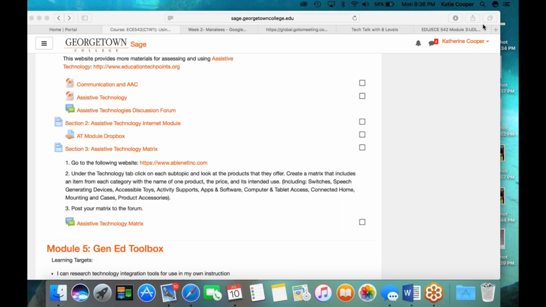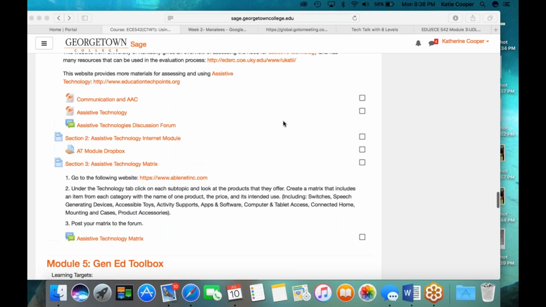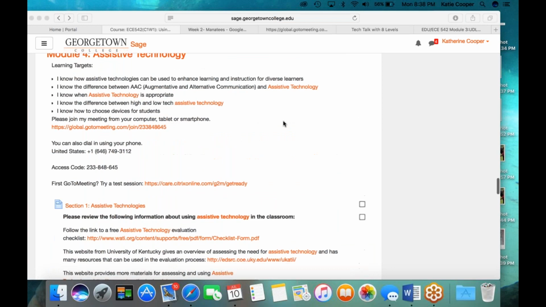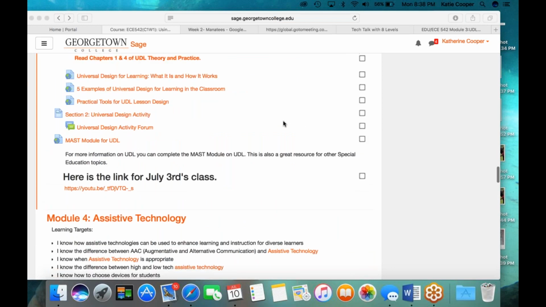The MAST module under assistive technology is actually not an assignment. It is just a resource. You don't have to do any of them. But there is a UDL MAST module if you'd like to go through them, and they're really good resources for special education.